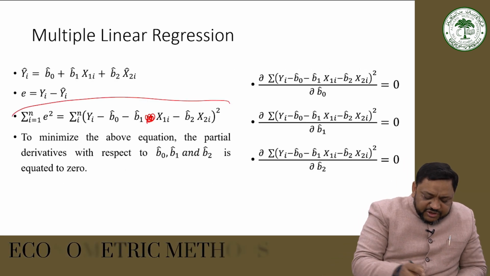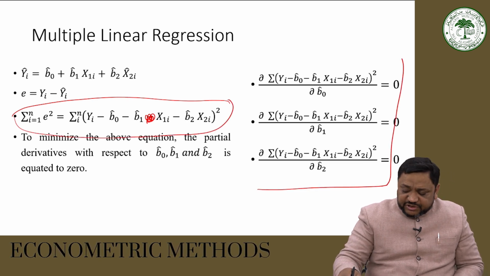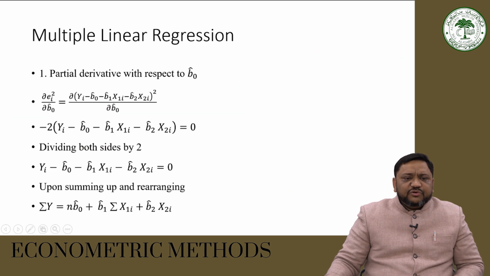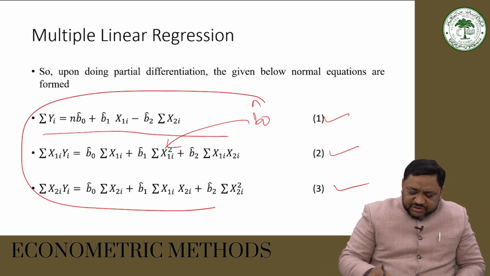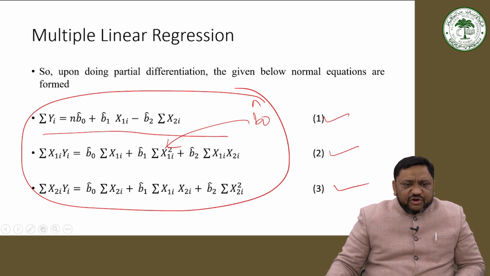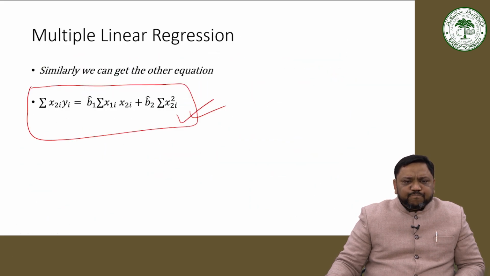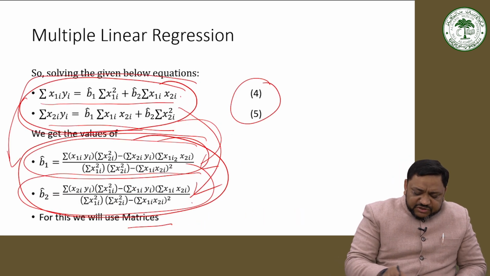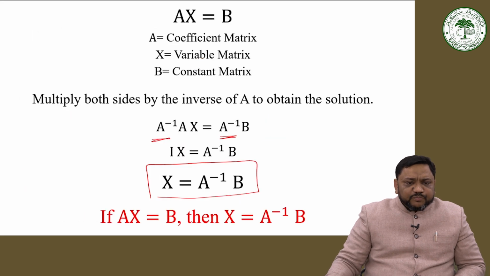From this equation, we did the partial differentiation with respect to b0, b1, b2. We got these three normal equations. From these three normal equations, we derived these two normal equations and we got the values of b1 and b2.